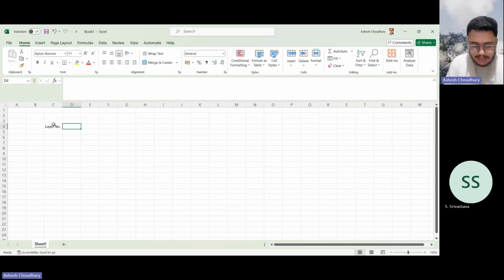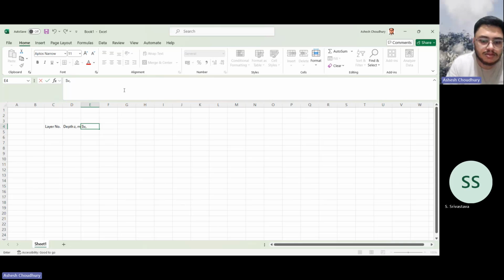Layer number, then we have depth Z in meters, then we have SV in meters, then we have LE in meters, then we have LR in meters, then we have L calculated, and L specified in meters.